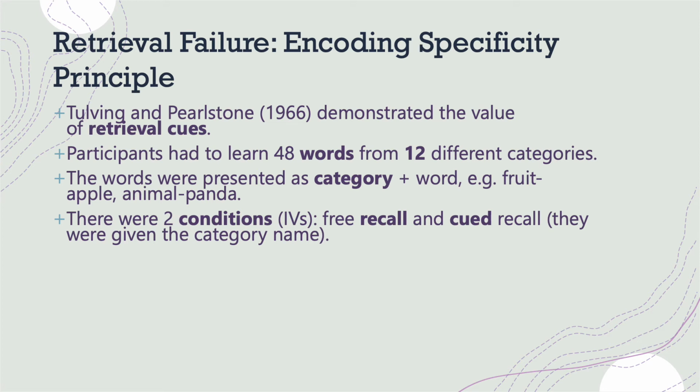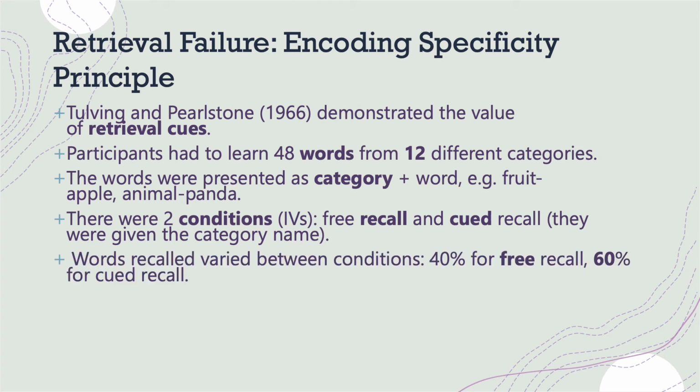And there were 2 IVs, so the participants were either in free recall, so they just had to state as much as they could remember, or they were in cued recall, which means that they were given the category name. And as you can imagine, those who were in the cued recall recalled significantly more than those in the free recall.